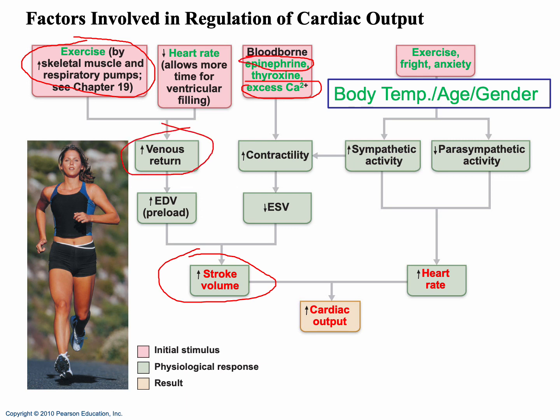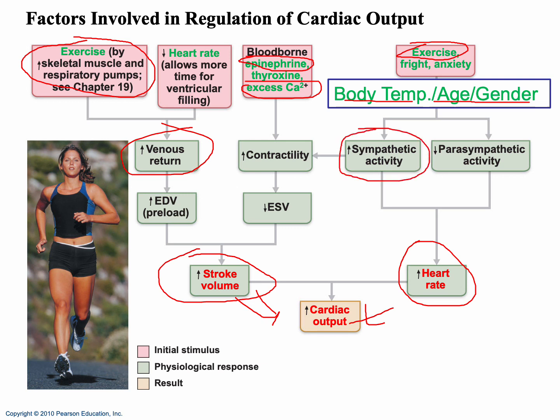Here's that idea of increased venous return. And then, of course, increased heart rate, too, can lead to this increase in cardiac output. So, again, the idea of exercise, but even differences sometimes in gender, age, body temperature can play a role here, increase in sympathetic activity.